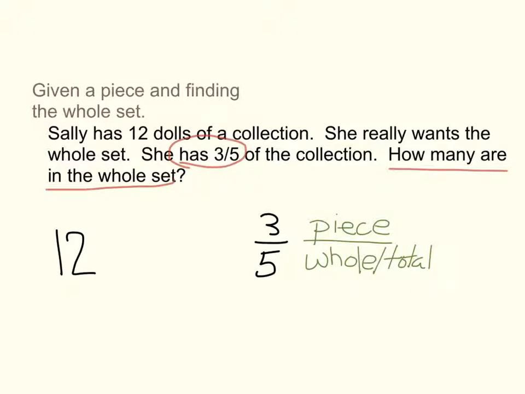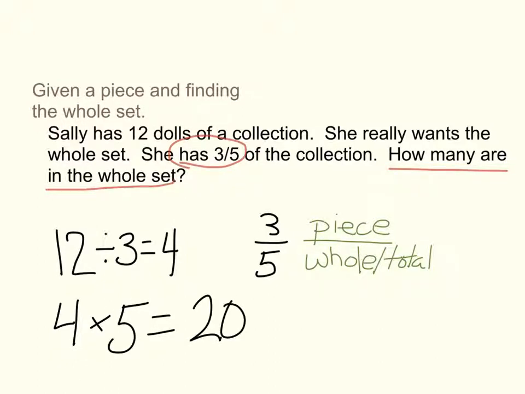In this case, we are given a piece, so the 12 is represented by the numerator. So my first operation is division, and I divide by the numerator, which tells me that 4 is 1/5 of the set. So to get all 5/5, I can multiply by 5 and find 20 as the whole set of dolls.